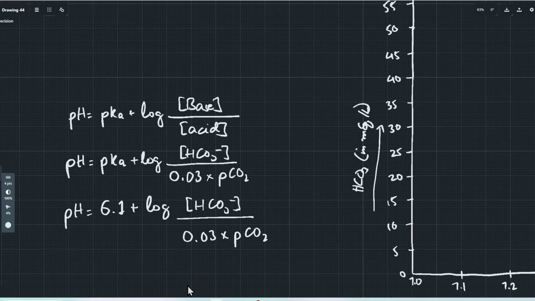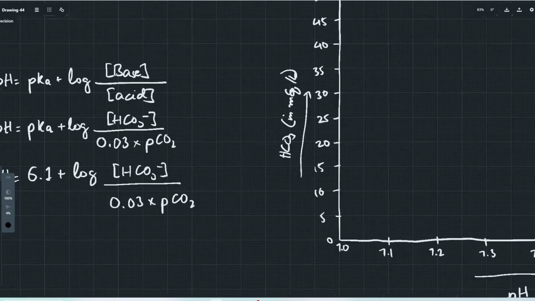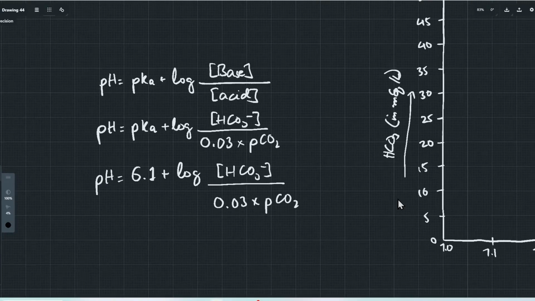Now, for every point in pH, we want to ask: let's suppose we reach 7.1, what would be the bicarbonate level needed to reach a pH of 7.1? Then on 7.2 we will ask the question again: what would be the bicarbonate concentration to reach a pH of 7.2, and so on. That's how we plot any graph per se.